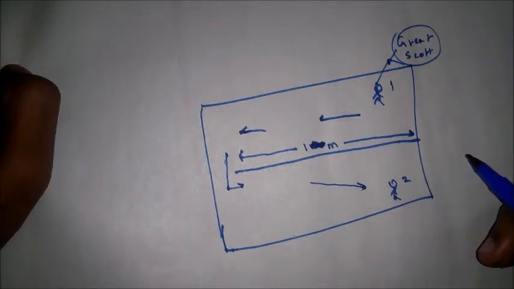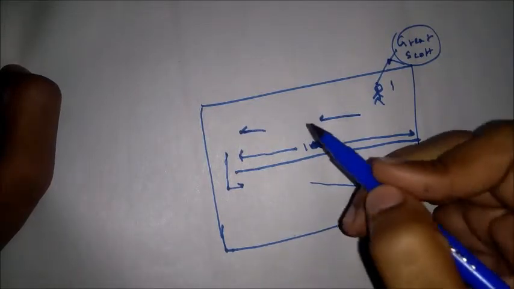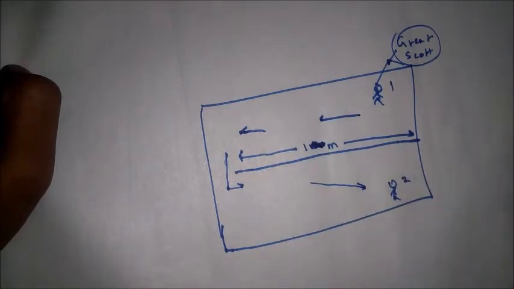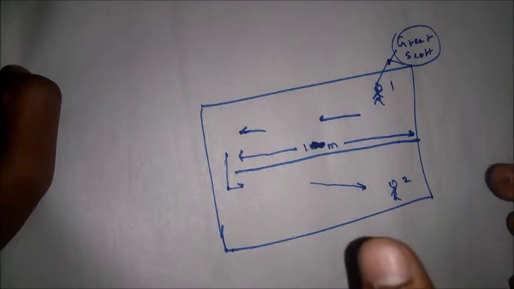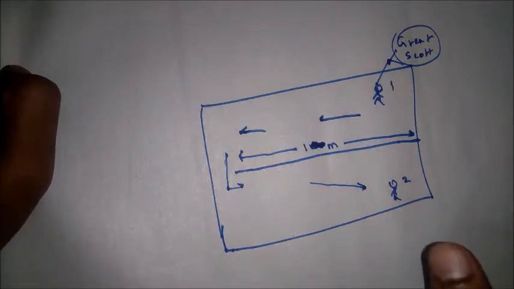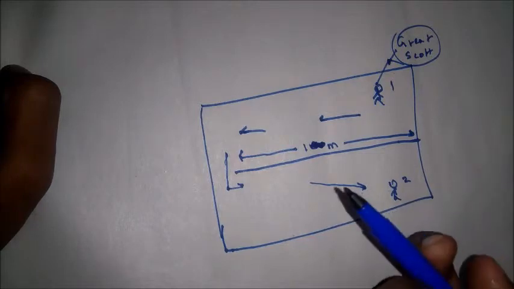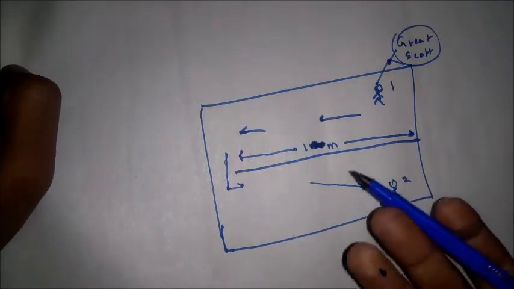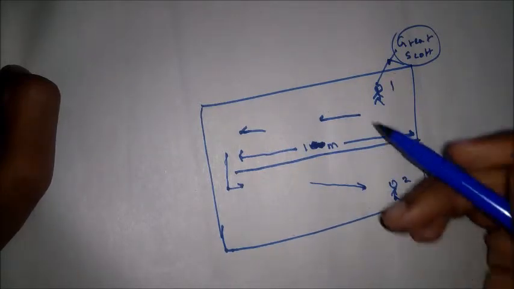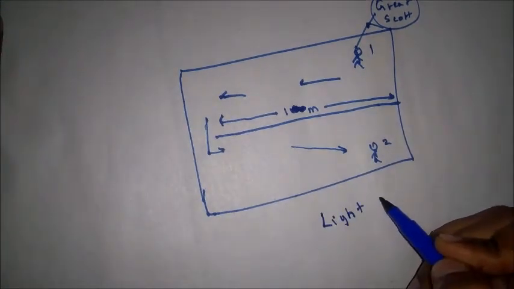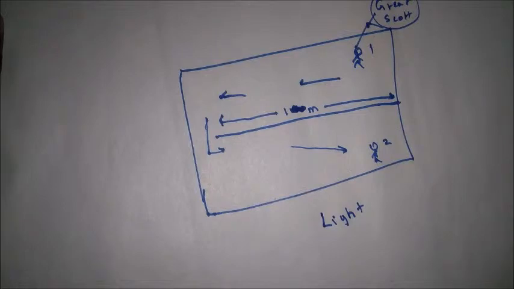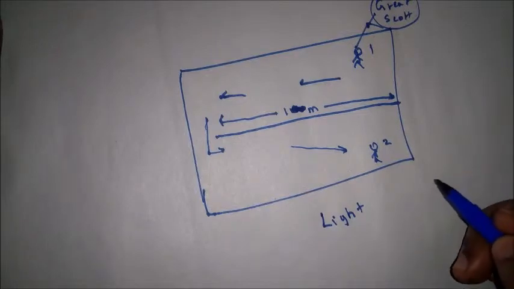Heavy, right? So, when the distance was 100 meters, the waves weren't able to bend. However, when you reduced this distance to a significantly lower value, waves were able to bend around the obstacle. So light too, because of its wave nature, should be able to bend around obstacles, right?